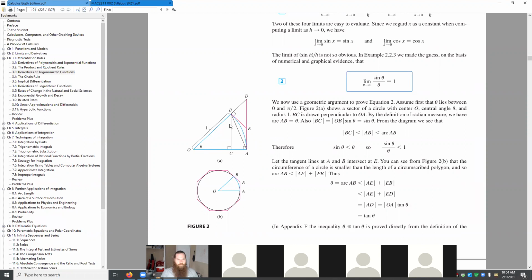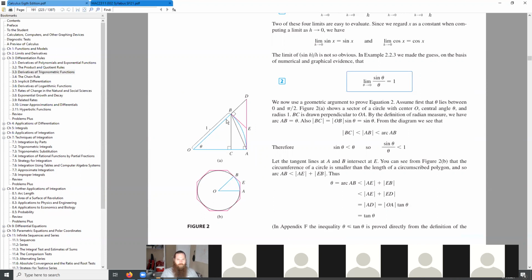They say the length from B to C, which is right here, is smaller than the length from A to B. Why is that true? Because the hypotenuse is always the longest part of the triangle. That's true, yeah. And if you look at this triangle, the triangle BCA, the length BA is the hypotenuse of that little triangle. So AB has to be bigger than BC.